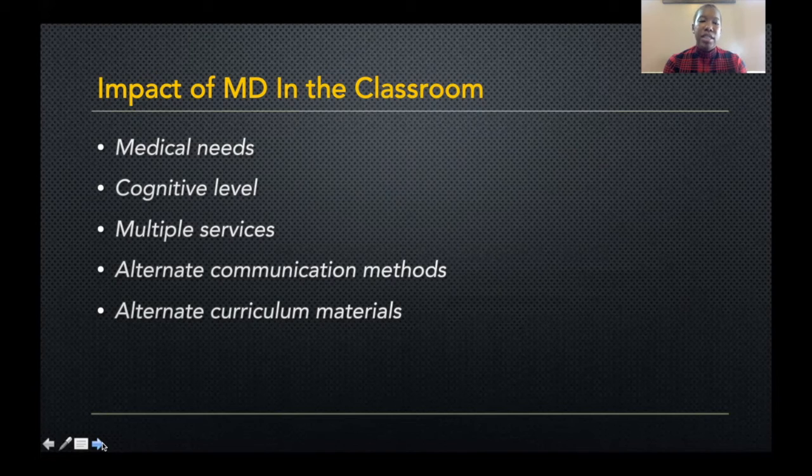Multiple services, so they may require multiple services. And what this looks like, they may require speech, OT, physical therapy. They may require ABA services. They may require multiple services throughout the day. And I've had cases where students receive all that I have named just now, and it's where the team comes together and comes up with one plan to figure out, when am I going to get this student for this?